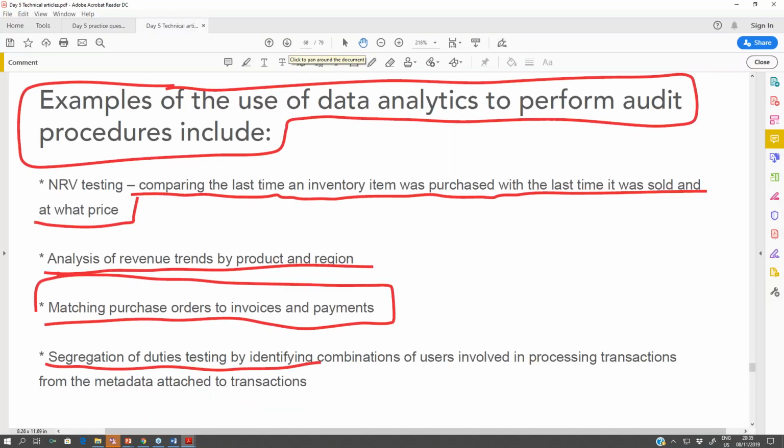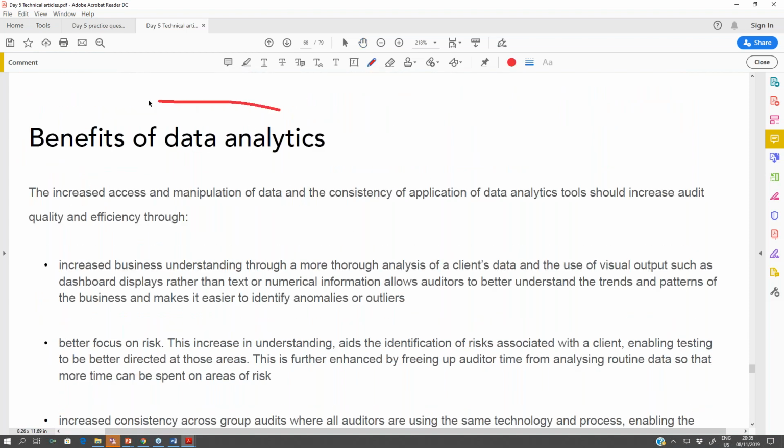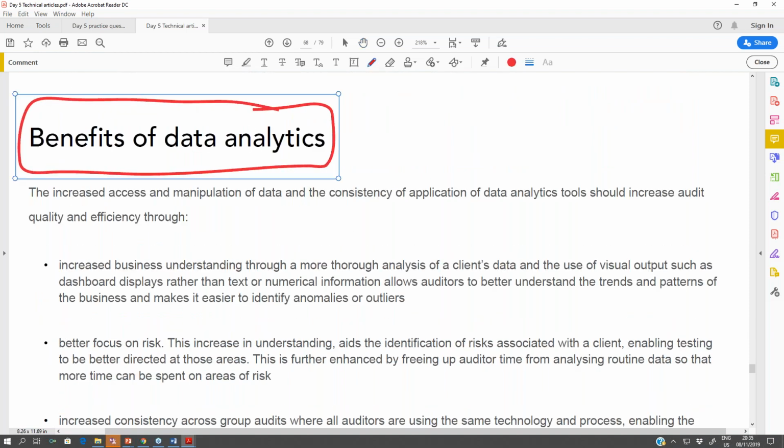So examples where data analytics can be used. What are the benefits of data analytics? You need to read through this. What if the examiner asks you in the December 19 exam paper, explain the benefits of data analytics? See, the examiner has covered so many benefits. You need to read through these benefits. Every heading given in this article is examinable.